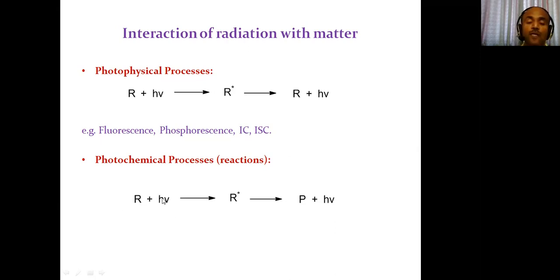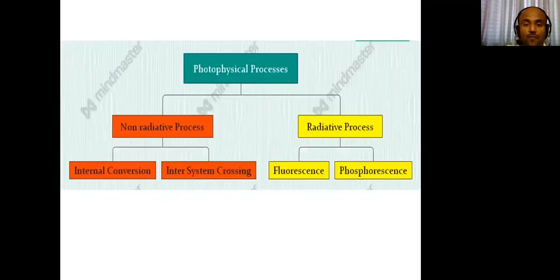By absorbing the radiation denoted by h nu, it gets converted into excited state denoted by R star, and from this excited state, it shows the chemical change, it shows the chemical reaction, and there is a formation of product denoted by P. So your starting reactant and your product have different structures. These two molecules are different, therefore there is a chemical change. Hence, this is a photochemical process or photochemical reaction.